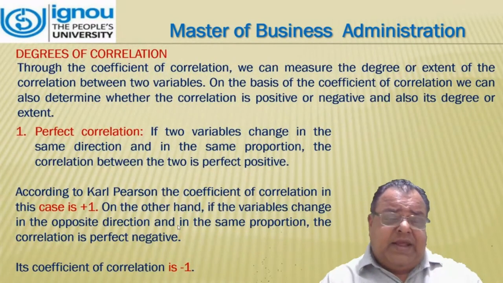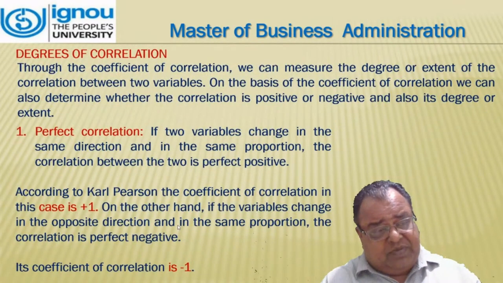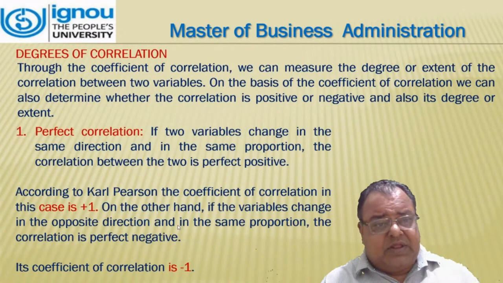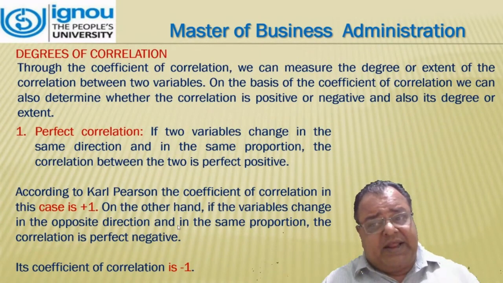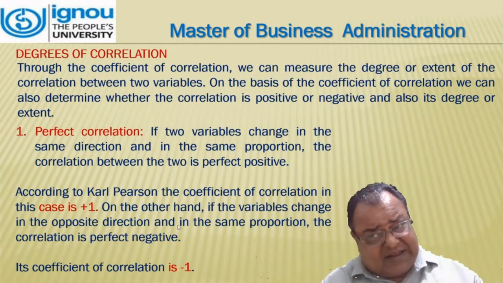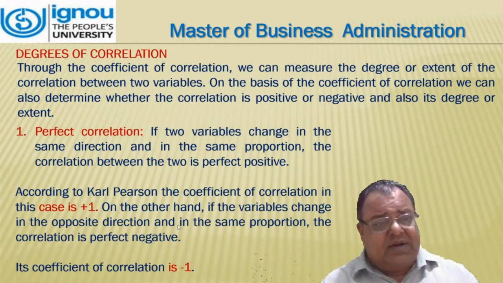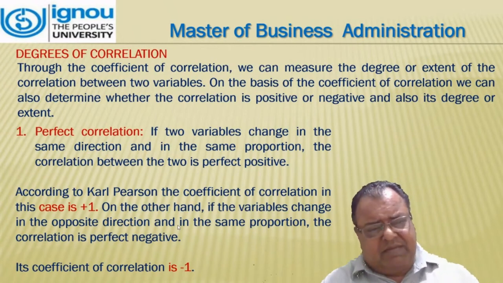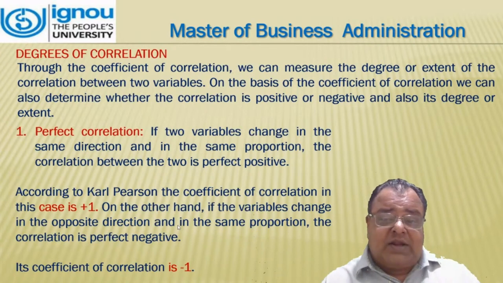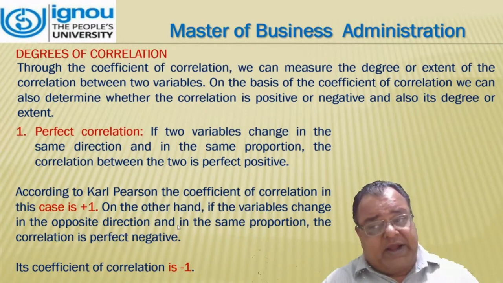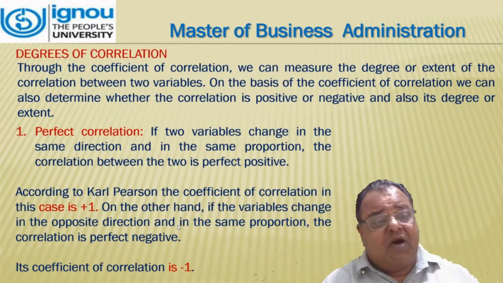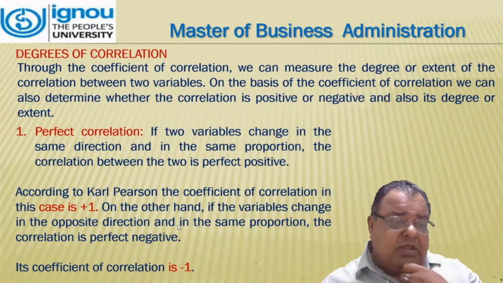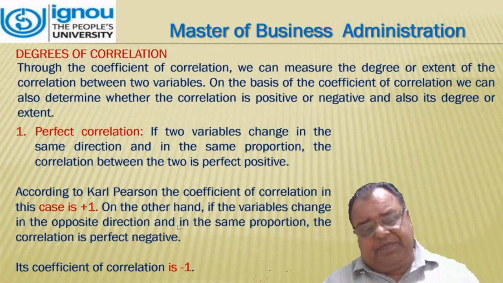What is meant by degree of correlation? Through the coefficient of correlation, we can measure the degree or extent of the correlation between the two variables. On the basis of the coefficient of correlation, we can also determine whether the correlation is positive or negative, and also its degree or extent. First one is perfect correlation.